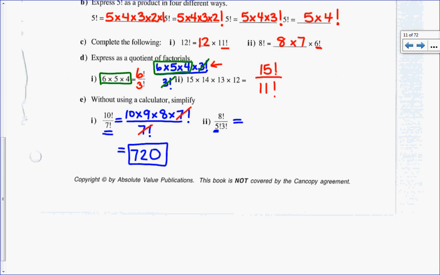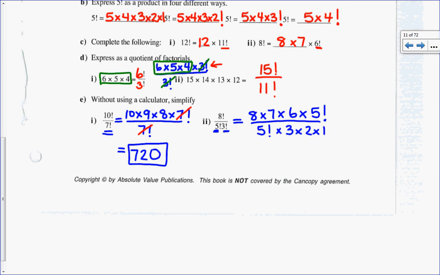Okay, so on the top I'm going to have 8 times 7 times 6 times 5, leave that as 5 factorial to show that it continues going, times 4 times 3 times 2 times 1. On the bottom I've got a 5 factorial. Those two are going to cancel each other out, but then I still have this 3 factorial, so I still have times 3 times 2 times 1.